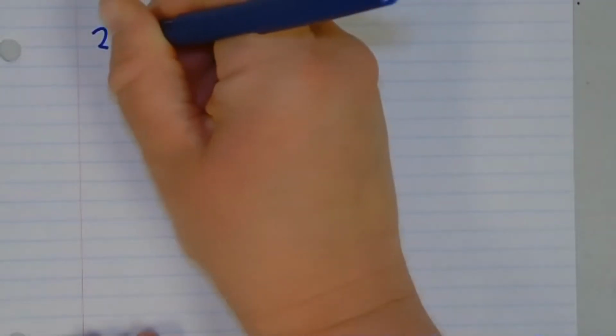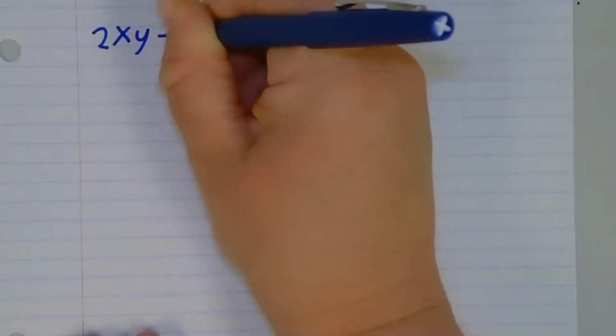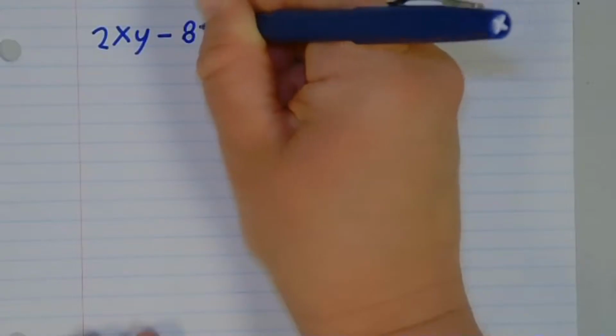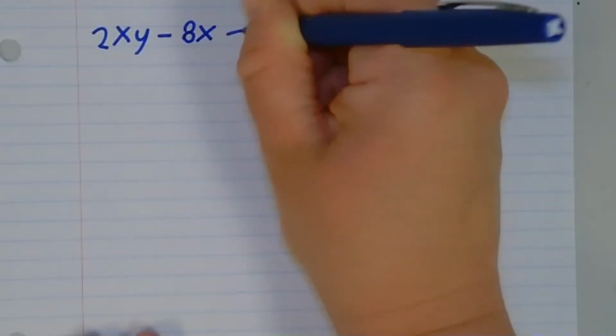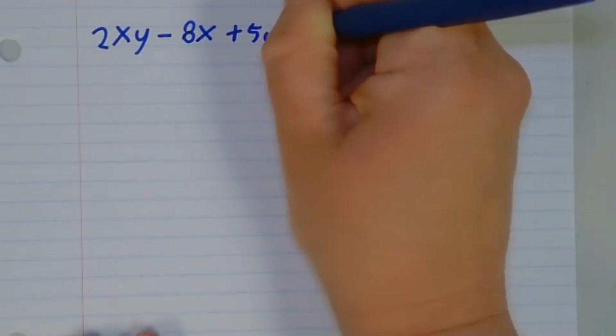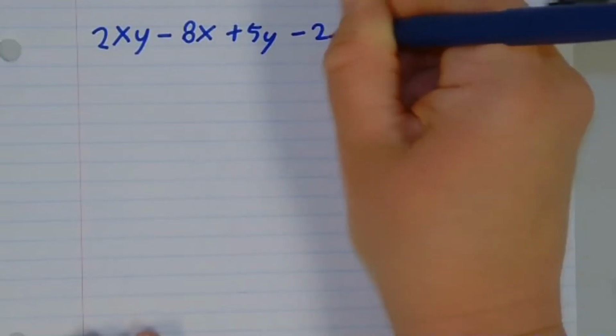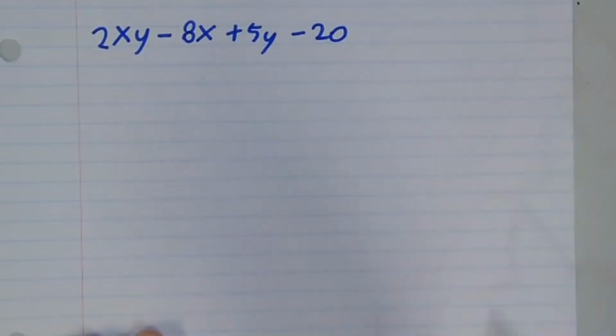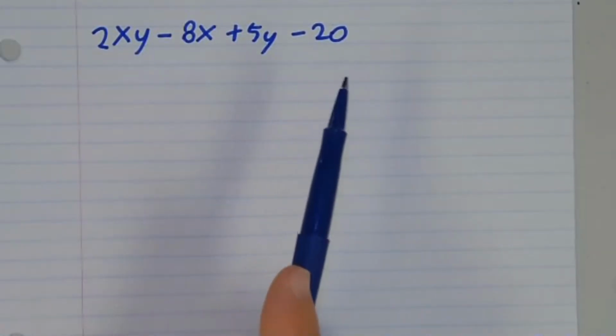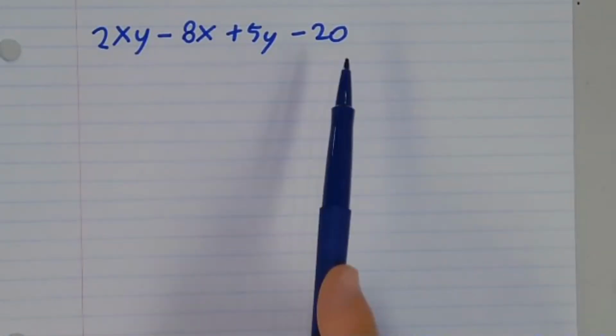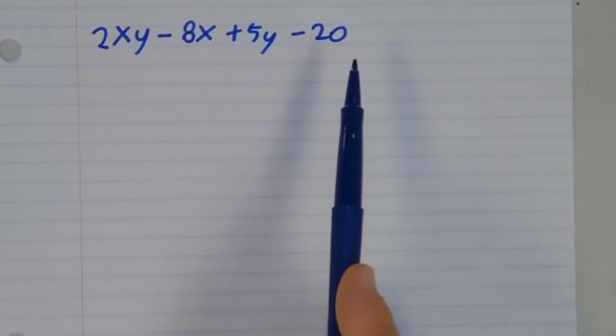I have 2xy minus 8x plus 5y minus 20. I can use my grouping strategy again. I really want there to be a GCF here because this one and this one all share a 2.